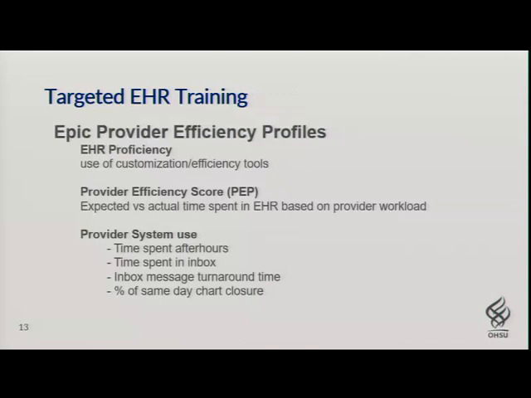And then you can also drill down in terms of how the providers use the system, specifically time spent after hours, time spent in their inbox, what the message turnaround time is, and also percent of same-day chart closures. And the goal is to have a physician informaticist review a clinic's PEP, or provider efficiency profile, and then provide targeted training during the sprint process.